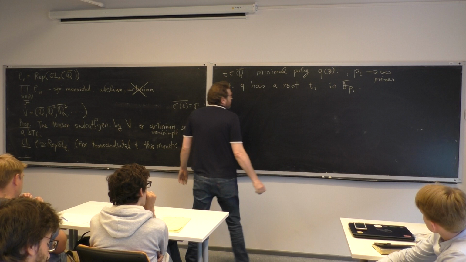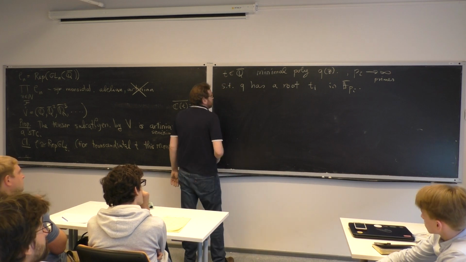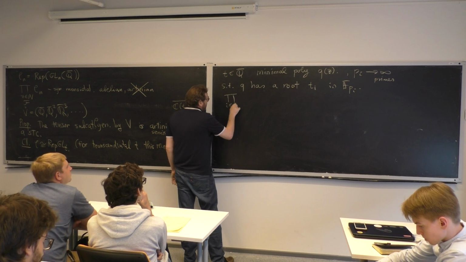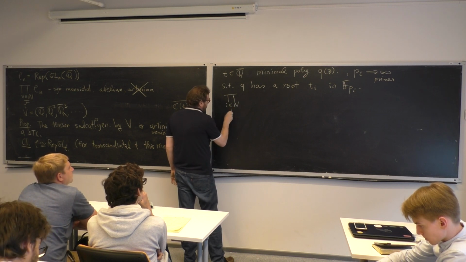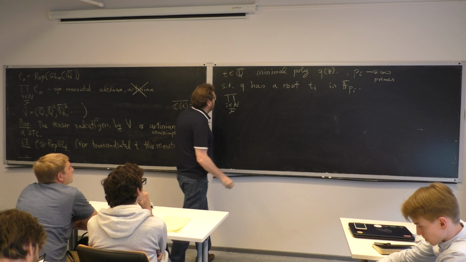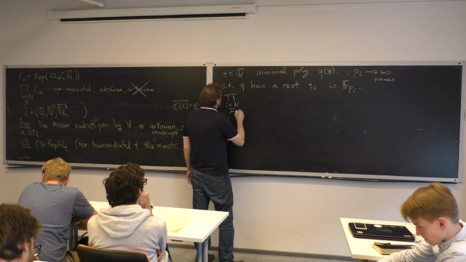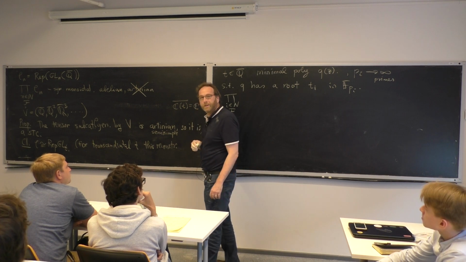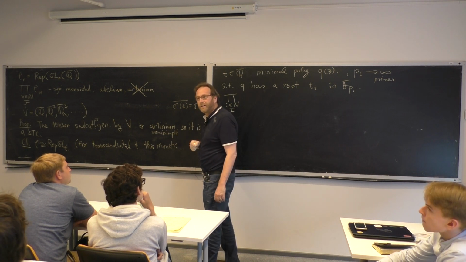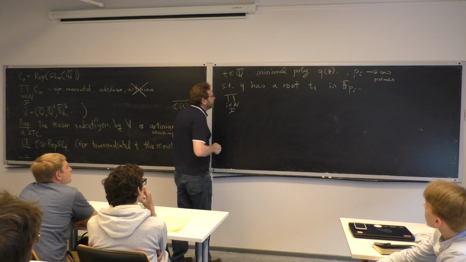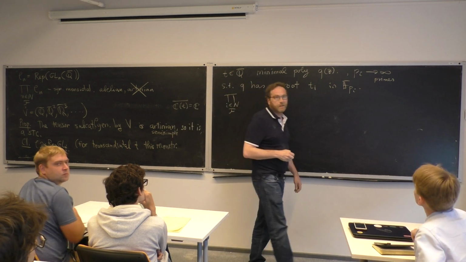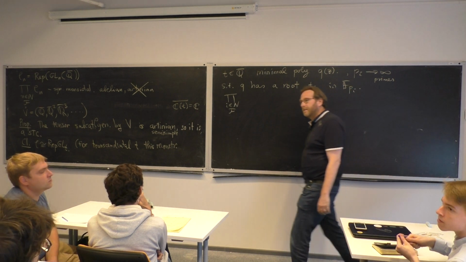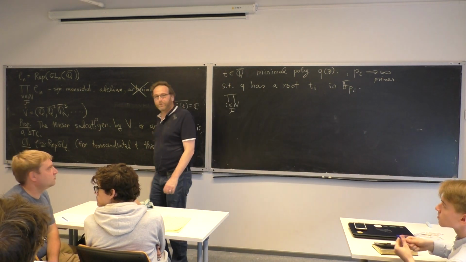And then what you do is you just take the product over i in N over F of, this is easy, there is a one-line proof.